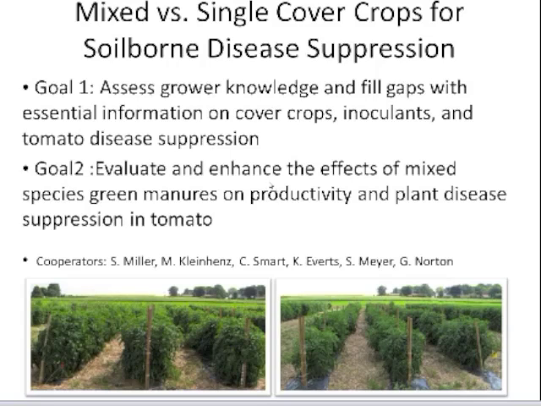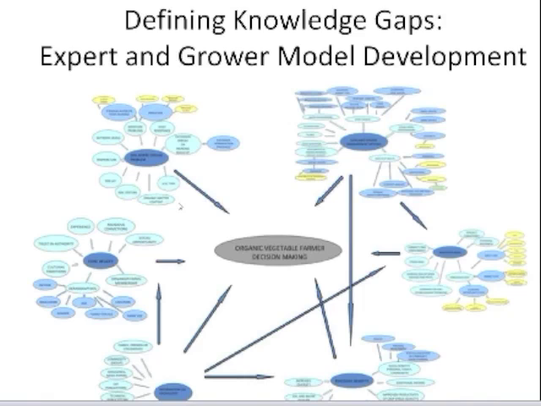And the second was to evaluate the effects of mixed species green manures or cover crops relative to single species to determine if, in fact, this idea that mixed species cover cropping can lead to greater suppressiveness to soil-borne disease potential and therefore buffer the grower against those environmental conditions which predispose their crops to disease better than a single cover crop species.